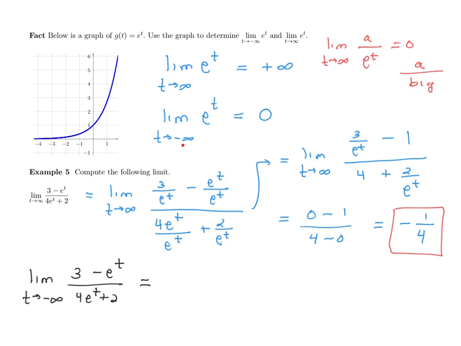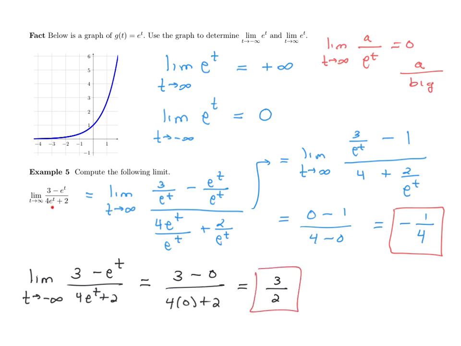As we approach negative infinity in e to the t, it actually just equals 0 itself, meaning for here, you can actually just put this as 0 and this as 0, because I know what happens to these things as t approaches negative infinity. This turns into a very simple limit. It's 3 minus 0 over 4 times 0 plus 2, which is 3 over 2, which is 3/2.